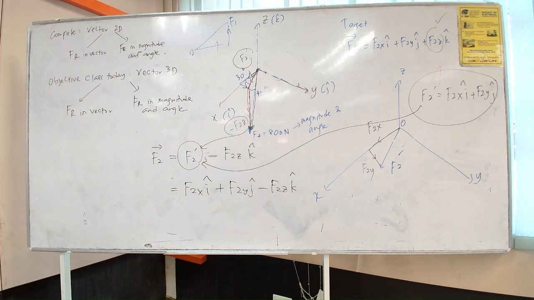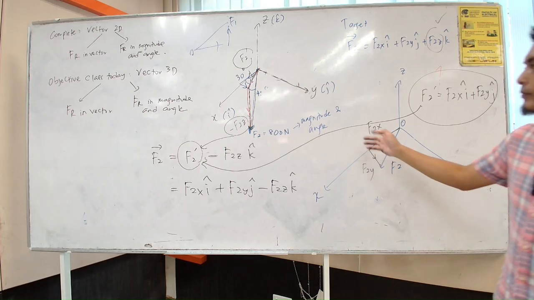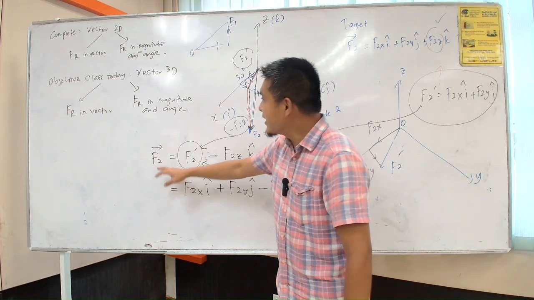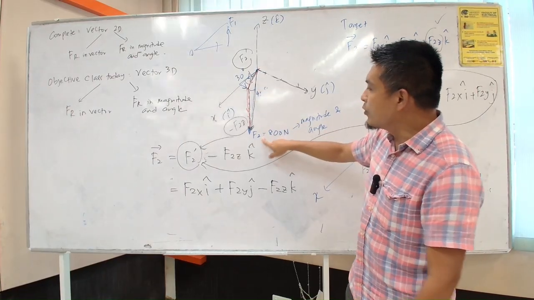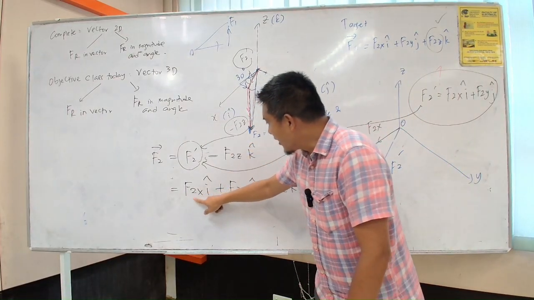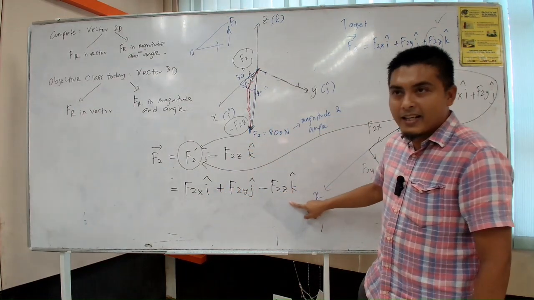So it means that you need to do it step by step. You need to, from the bigger, make it detailed and smaller. Okay. So now we already separate the F2 in the I, J and K direction.